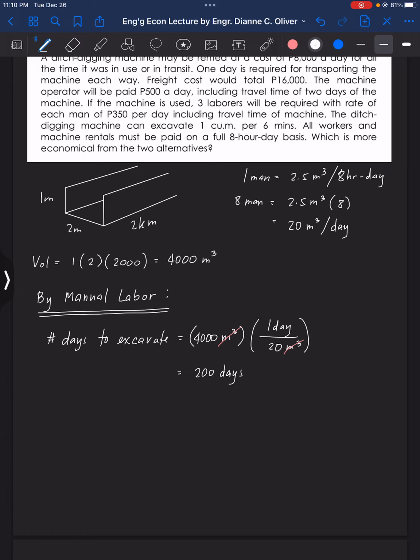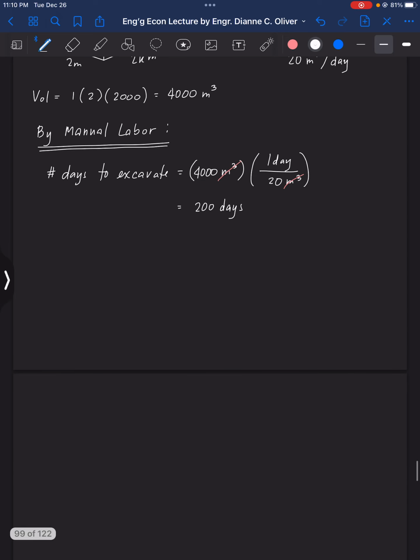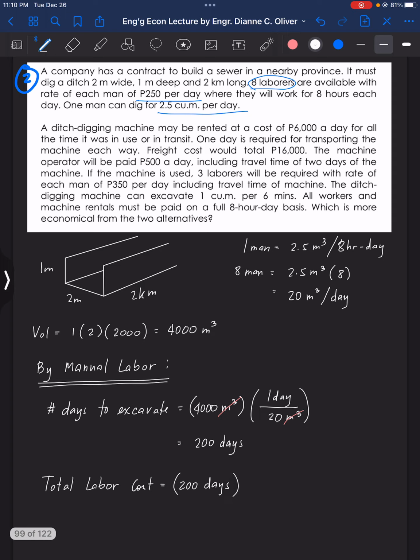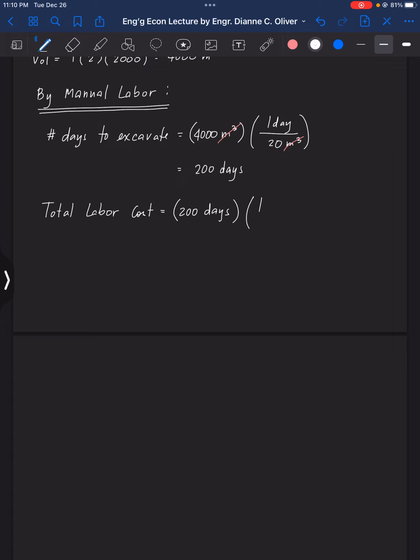Therefore, for the total labor cost, because we're just paying for the labor, that will be 200 days to excavate. Then how much is the rate? 250 pesos per day.